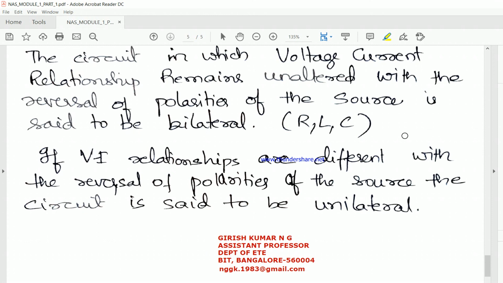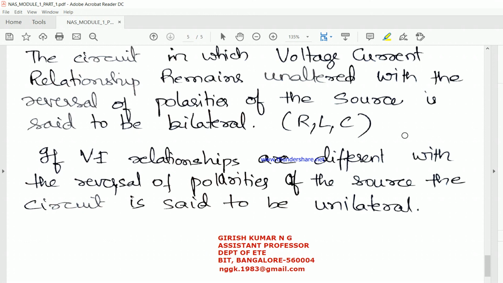Then, coming to the details of module 1, we learned the different laws: Ohm's law, Kirchhoff current law, and Kirchhoff voltage law. And then we learned the current division circuit and voltage division circuit, and then we saw the redundancy condition that we come across in an electrical network.